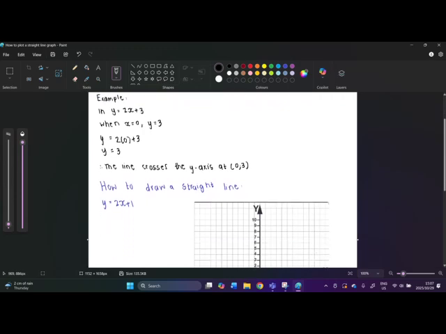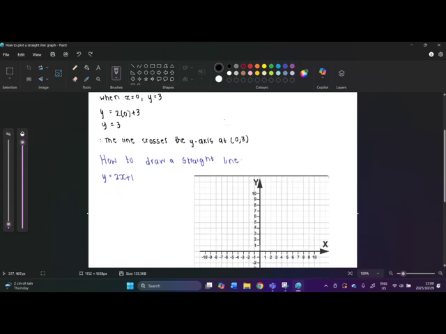For example, in the equation y equals 2x plus 3, when x is 0, y equals 3. We know this because if you substitute 0 into this equation where the x is supposed to be, y is 3, right? So the line crosses the y-axis at the point 0, 3.